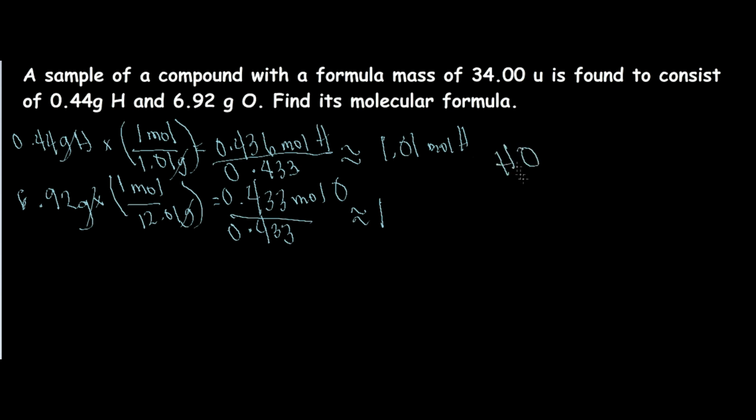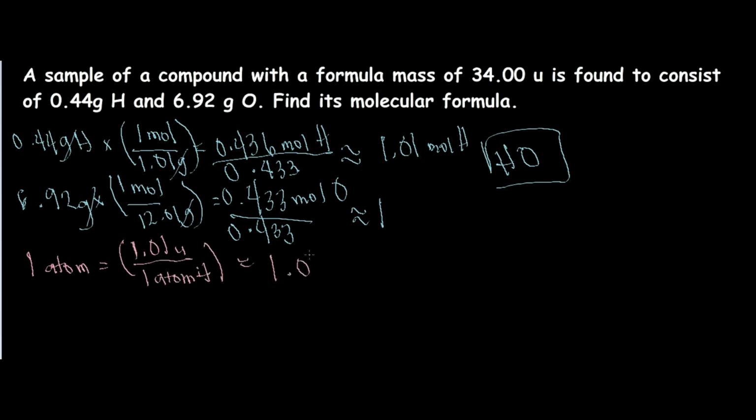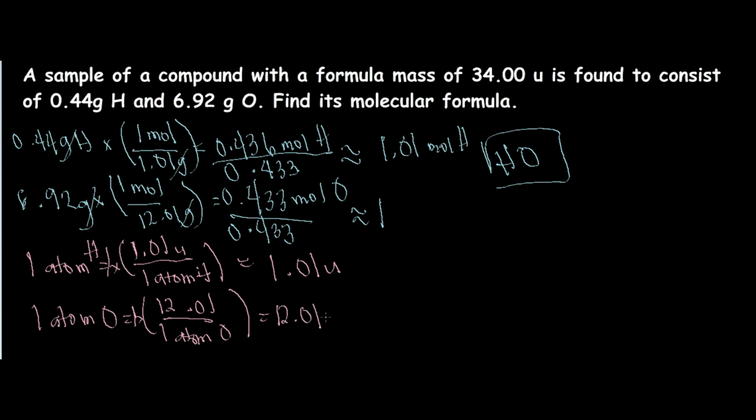Now let's get the molecular formula. So again, to get the molecular formula, you have to get the number of units of each atom. One atom of hydrogen times the atomic mass unit, 1.01 U over one atom of hydrogen, will give us 1.01 U. Now, one atom of oxygen will give us 12.01 units.